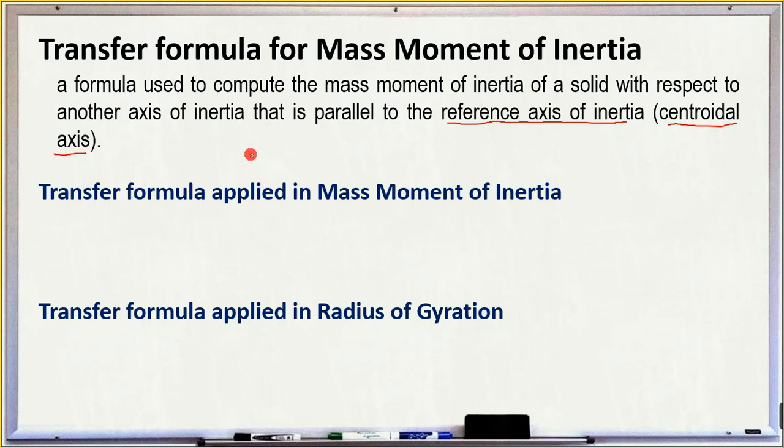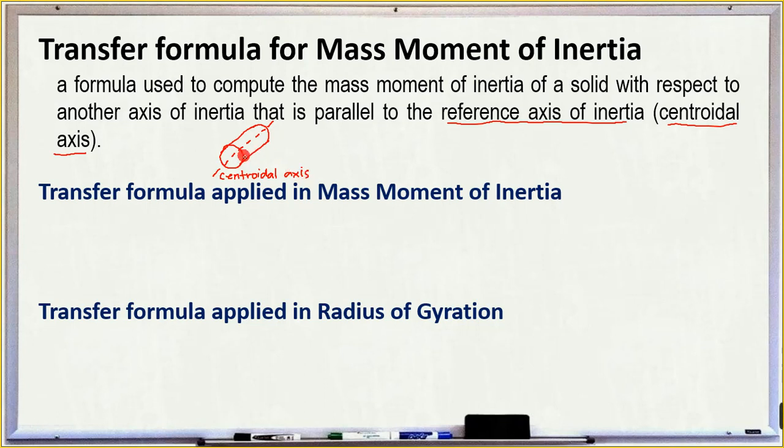Let's say, for example, we have here a given cylinder. This cylinder, of course, has a mass moment of inertia with respect to its geometric center, or we can call that one the centroidal axis.